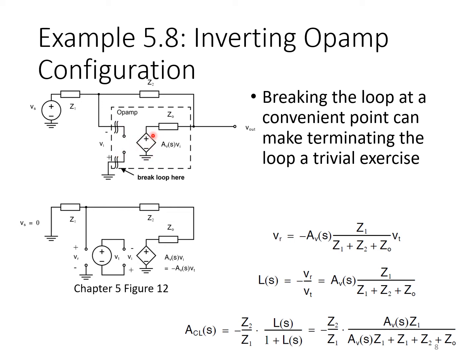It's got a frequency dependent gain AV and an output impedance ZO. Now, if we break the loop as shown here, our op-amp has a very high input impedance. So essentially, we can terminate the loop with a very, very high or infinite impedance as shown here. Having broken the loop there, we introduce our test source VT here, and we can do the analysis for L, and that's carried out over here.